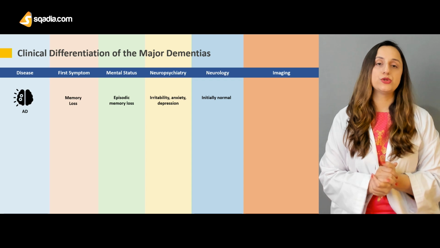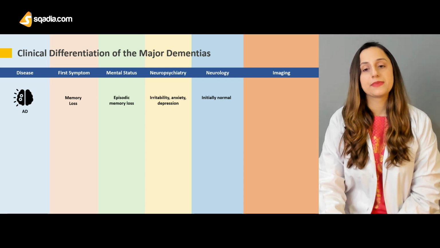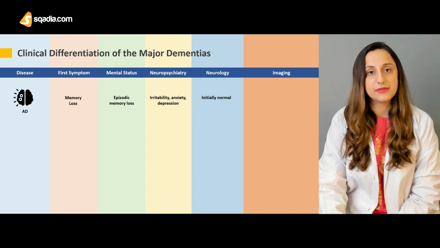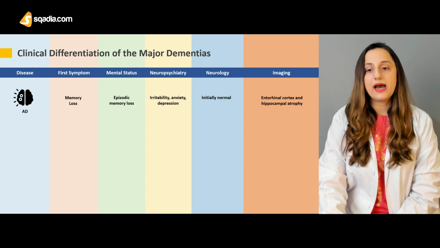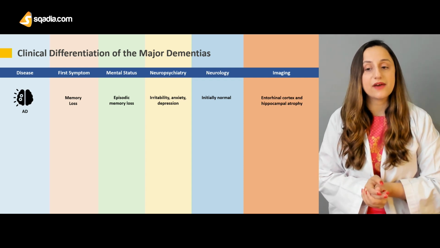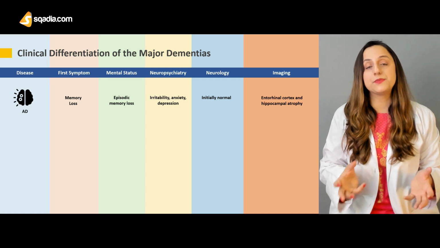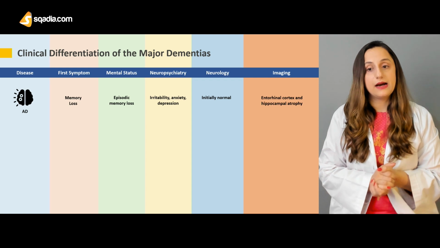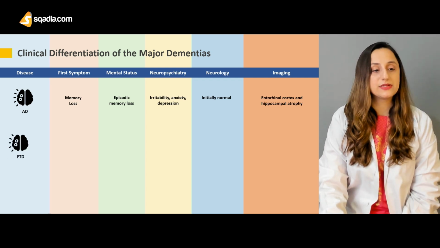Initially, there are no neurological deficits, and the patient has normal reflexes, and the neurological examination is basically unremarkable. Then we have the entorhinal cortex and the hippocampal atrophy. So these are the first signs that you are going to see when you carry out the imaging in these patients of Alzheimer's disease.